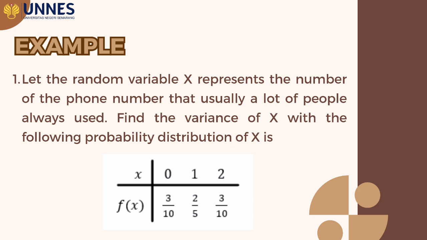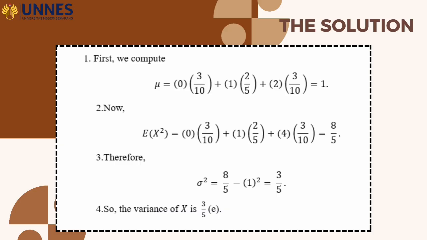And then there is an example. Let the random variable X represent the number of phone numbers that a lot of people usually use. Find the variance of X with the following probability distribution, and there's the table. First we compute mu: 0 times 3/10 plus 1 times 2/5 plus 2 times 3/10, and the result is 1.